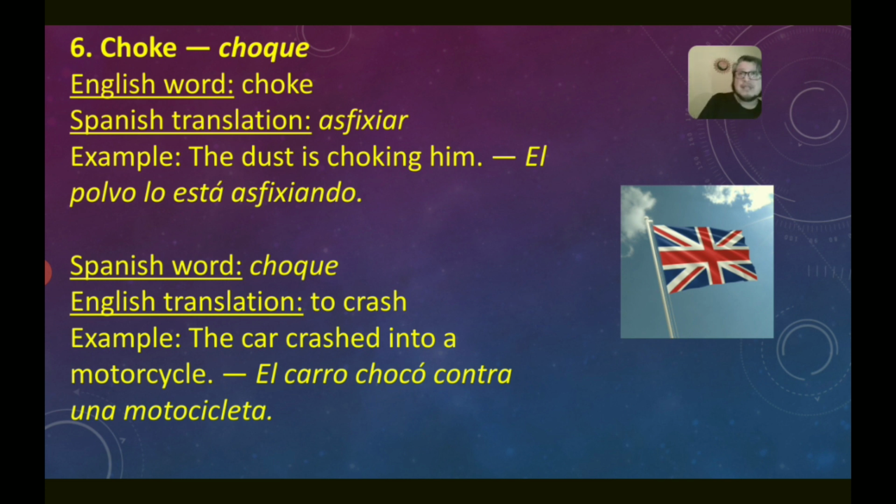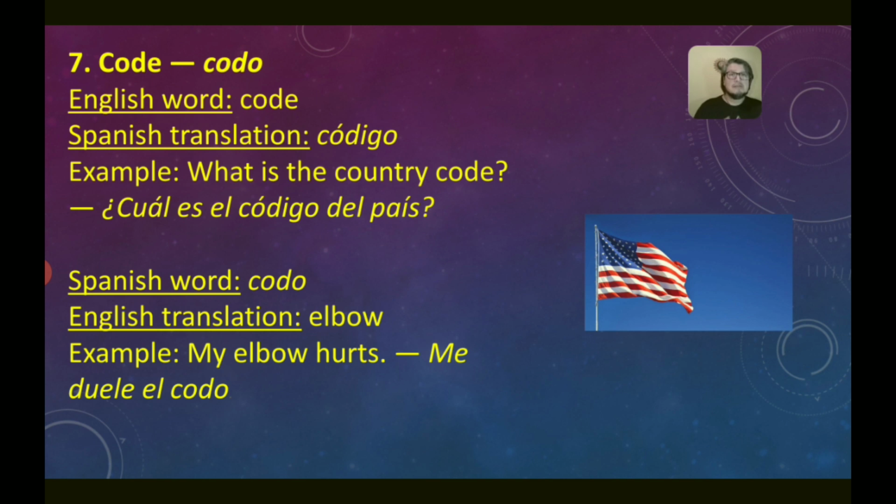And choque in Spanish is to crash. You crash a car, you crash against something, that's chocar. But choke is asphyxiar. Okay, so never confuse them, please. They're absolutely different.